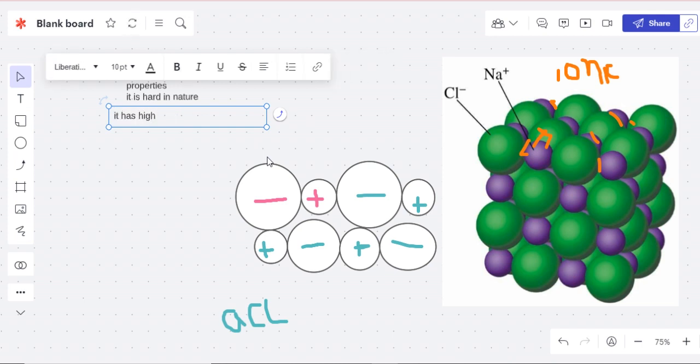It has a high melting and boiling point. It has high density, and it is not volatile in nature.